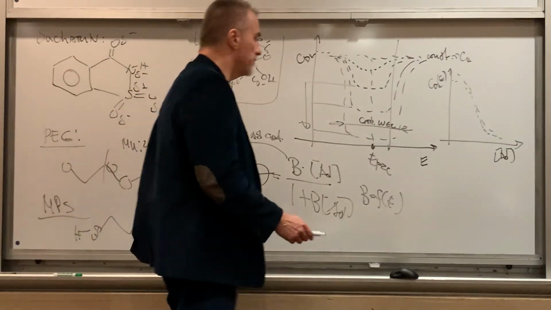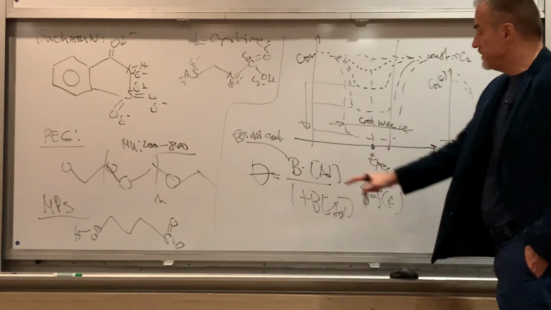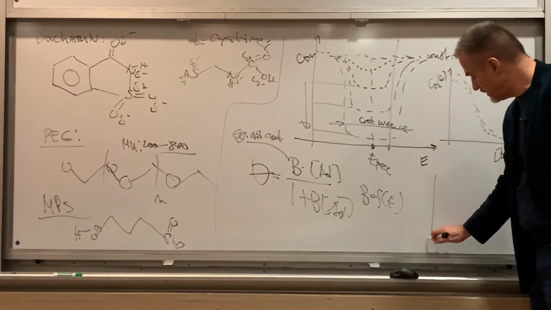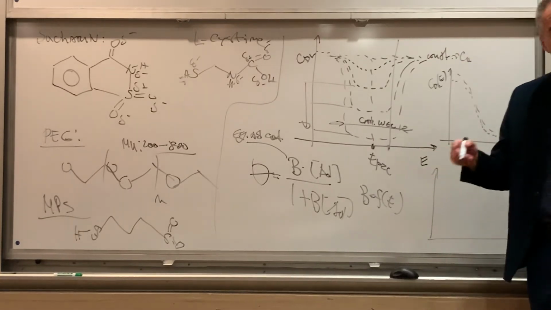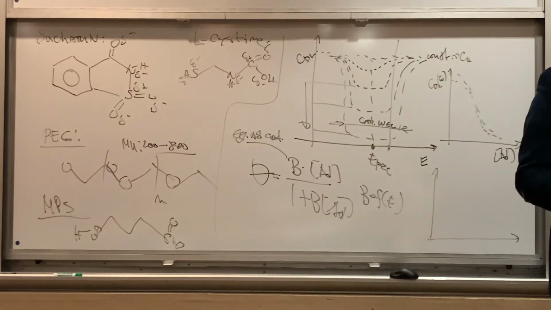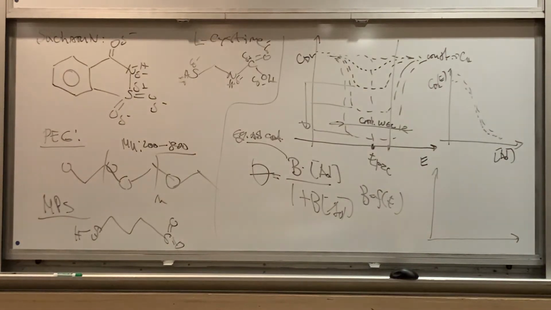Going one step further, this Langmuir functional is a somewhat idealized picture of adsorption, and it assumes that whatever adsorbs on the surface, which means these molecules of the additives, don't interact with each other. They don't have any attractive or repulsive interaction.